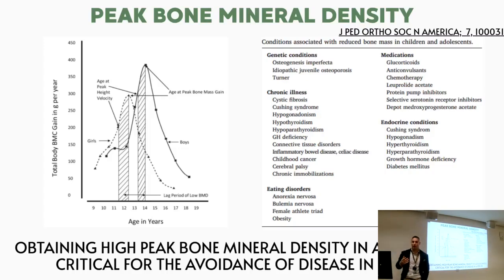Thereafter, we've got another table in here which emphasises the various different conditions which are potentially associated with impairing peak bone mineral density in children and adolescents. So again, it's crucially important that we avoid a reduction in bone mineral density when we're younger, and we try and obtain as much peak bone mineral density to ensure that we avoid things like osteoporosis in later life.